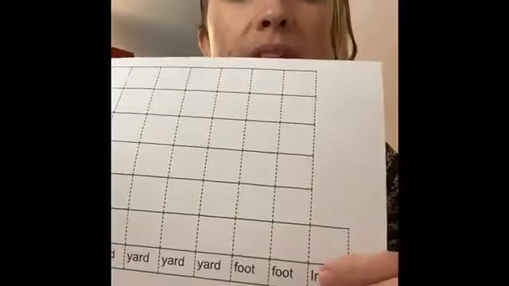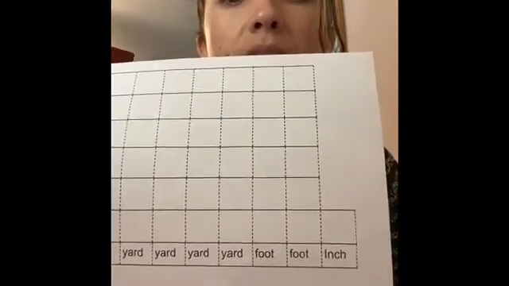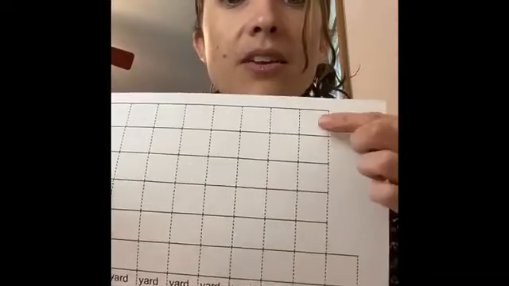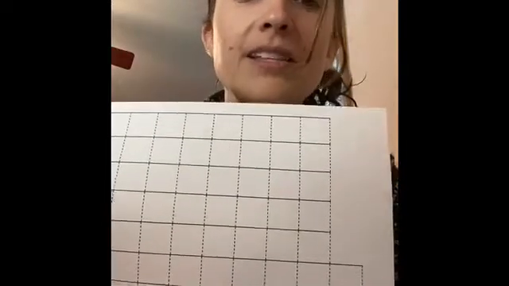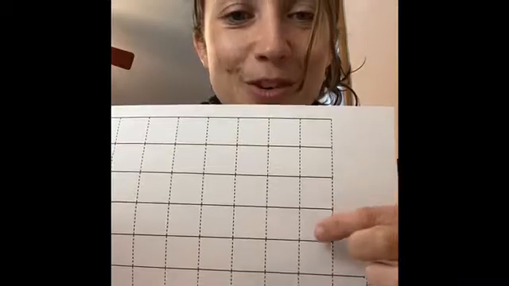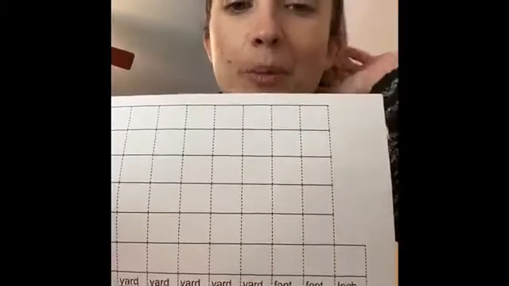So if you notice, the inch is just one little square on top. There's 2 that's a foot, because there is 6 here, and 6 plus 6 is 12. Like I said, there's 12 inches in a foot. So 1, 2, 3, 4, 5, 6. 6 and 6 is 12. So we're going to put those together.